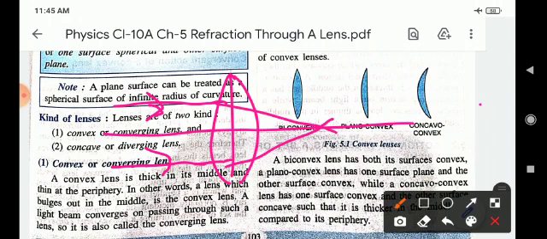Then it is bent by the lens towards the principal axis and meets at the focus. The bending of light, or moving towards each other to meet at the same point from different directions, is called a converging lens. So both parallel lines are converged to the focus.